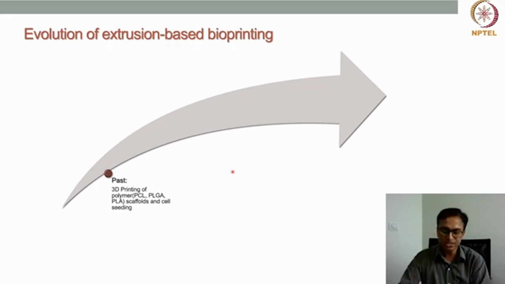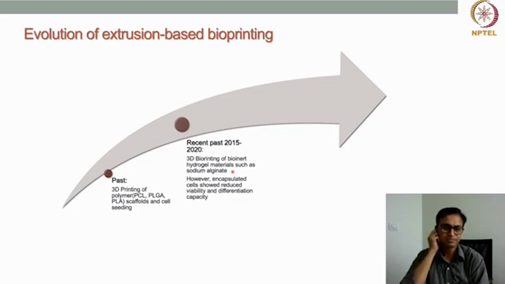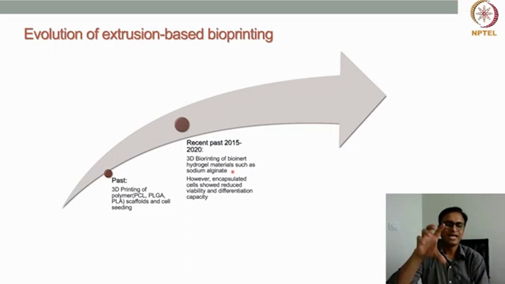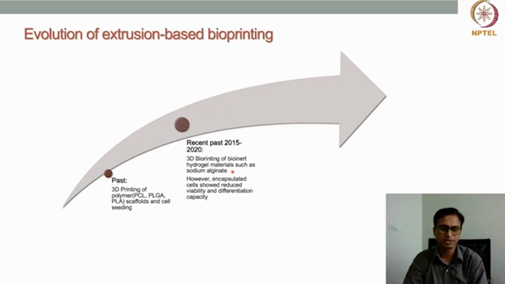So then the researchers moved on from there, and in the recent past, they have been printing with bio-inert material like alginate or some other material, where these materials are loaded inside the syringe, and in certain cases cells are also encapsulated within this material, and those are extruded through the syringe, then plotted or printed on the stage, and different types of structures are made.